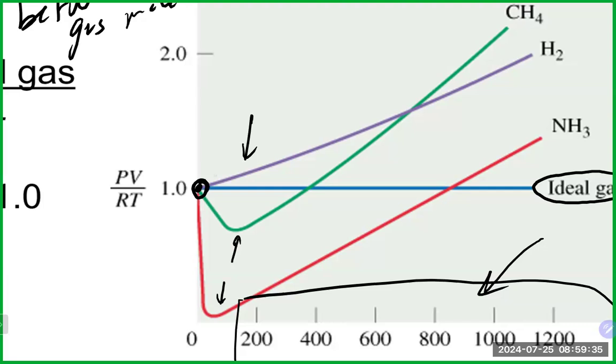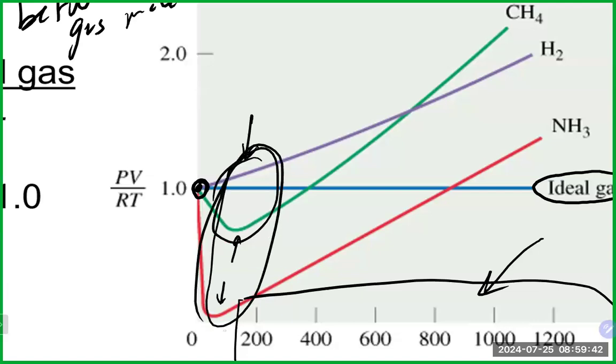But definitely if we start cranking up to 100-ish atmospheres or so, you get a lot of deviation starting to occur. And this is where you would have to take into account the real gas law, the van der Waals equation.